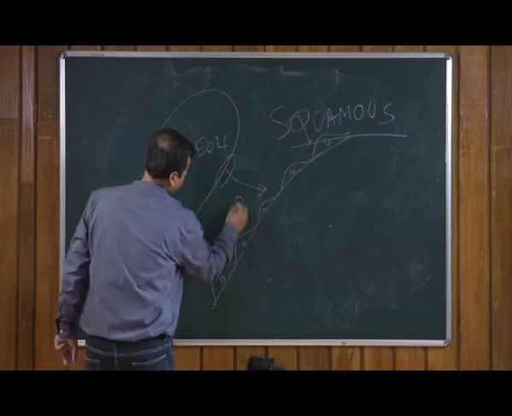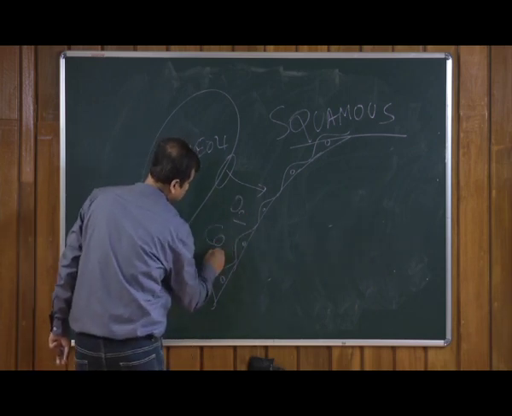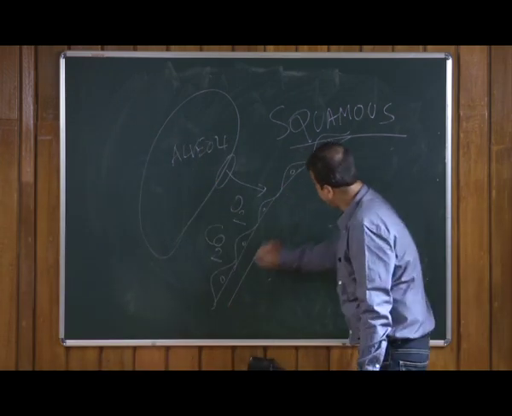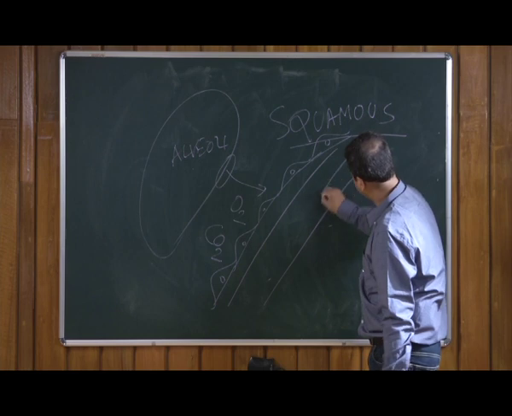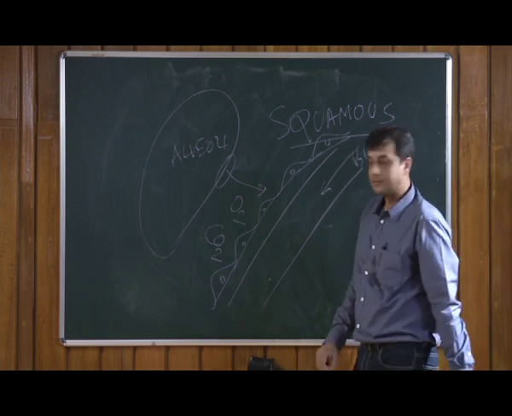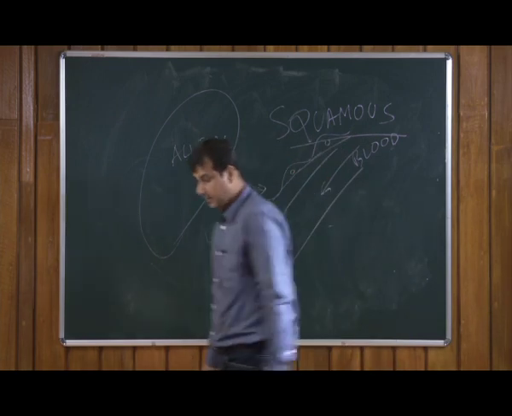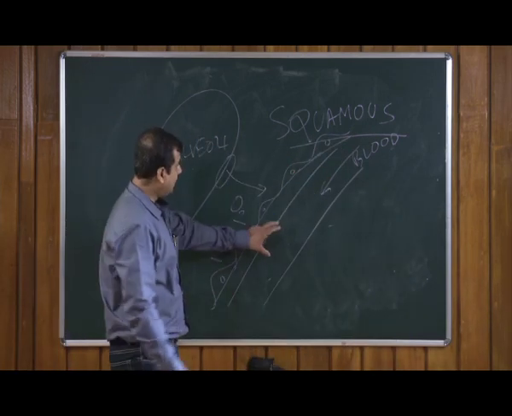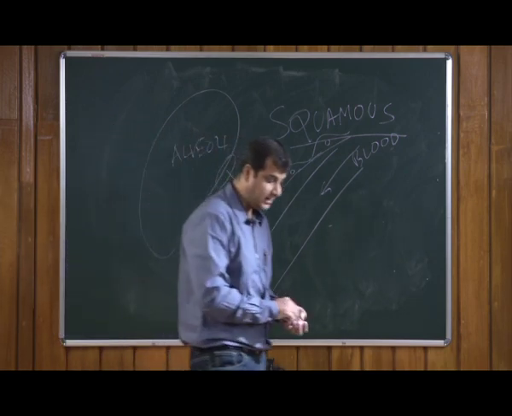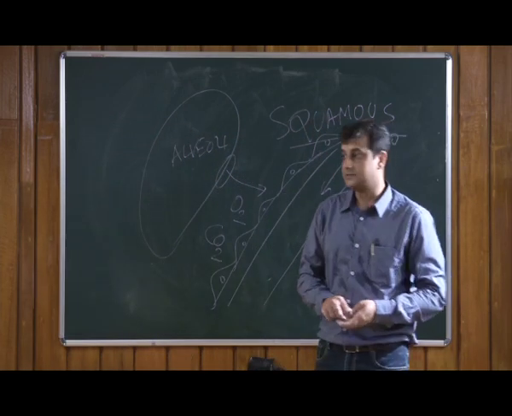So we have oxygen here and CO2 here, and in this area blood is coming into the system. There are two kinds of blood vessels, which we will discuss again in coming lectures.